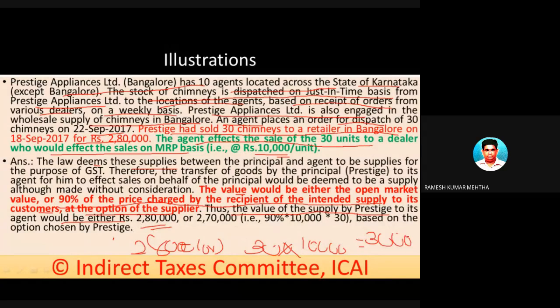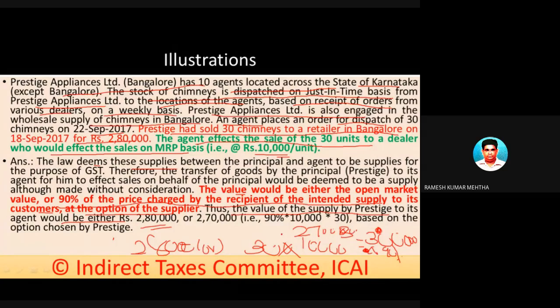So this is number 2. We have to consider 90% because there is an element of profit to be earned by the agent also. So we consider that the cost is 90% and 10% is his profit. The cost would be 90% of 3 lakhs, which is 2,70,000.